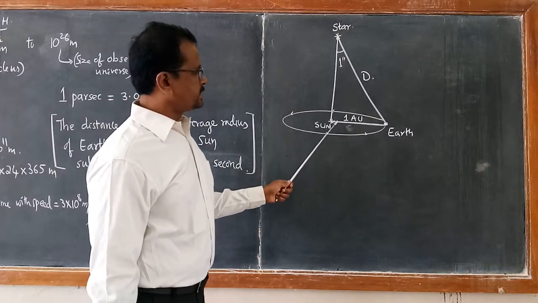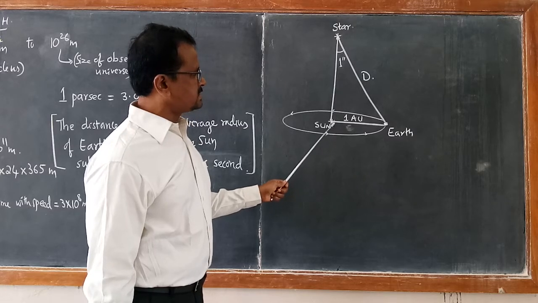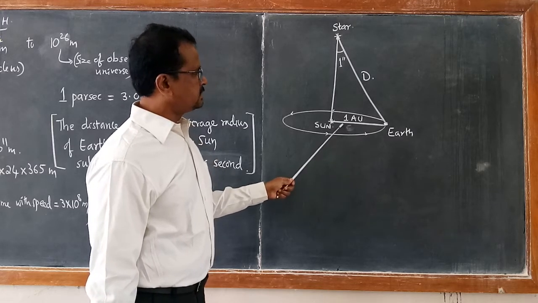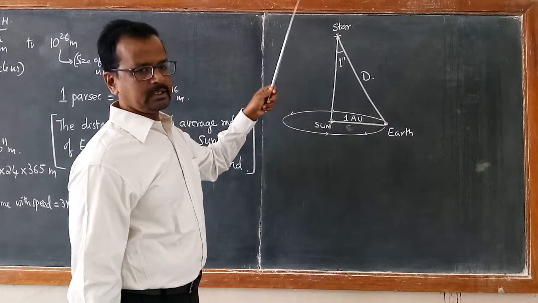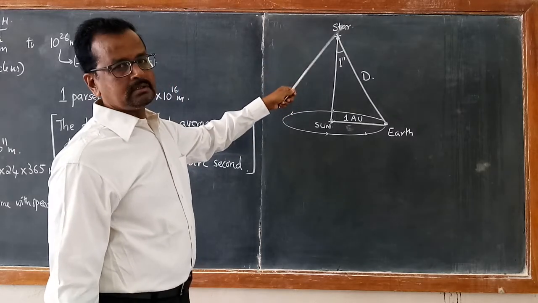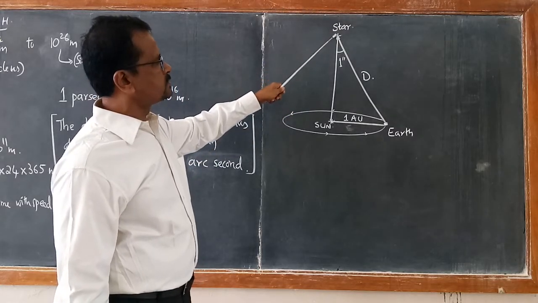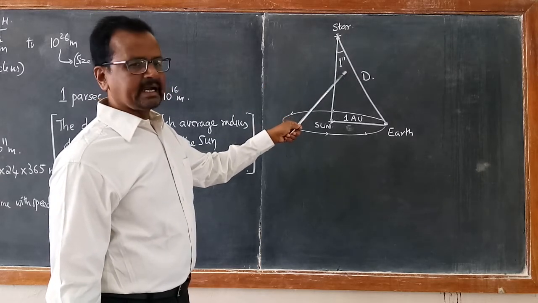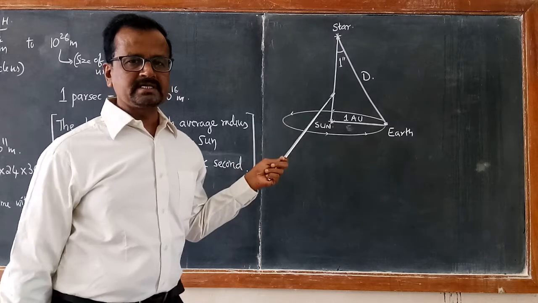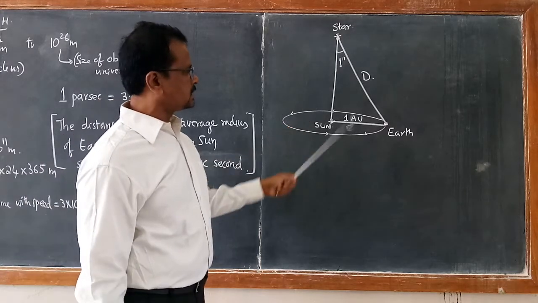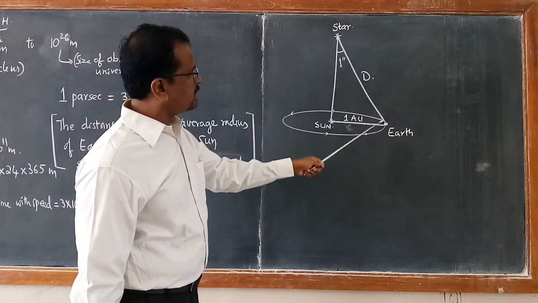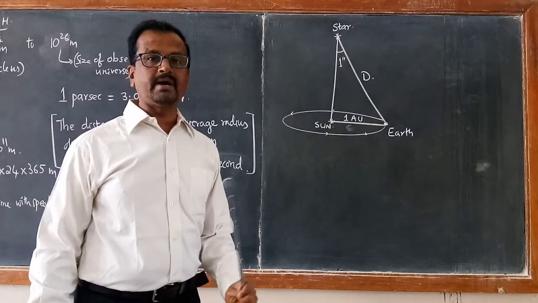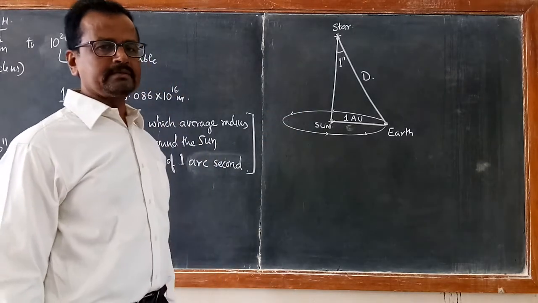If the angle subtended by this average radius of Earth at one particular position, let us assume there is a star at this position which subtends an angle of 1 second of arc, then the distance from the Earth to that star is called 1 parsec. I think you got the point.